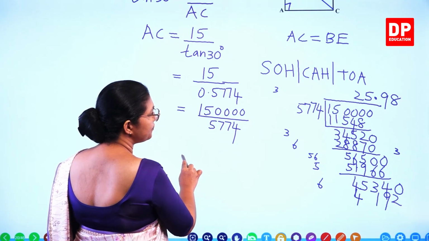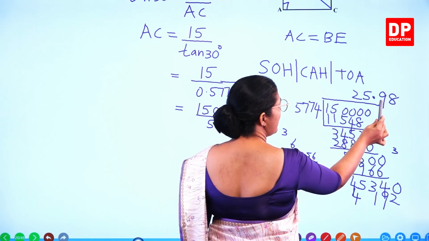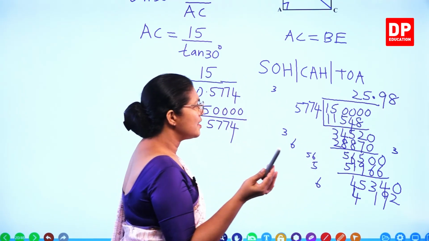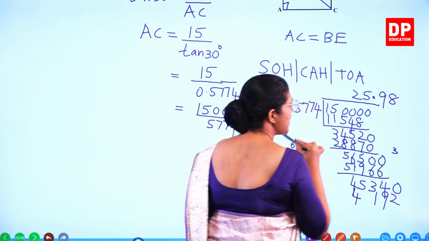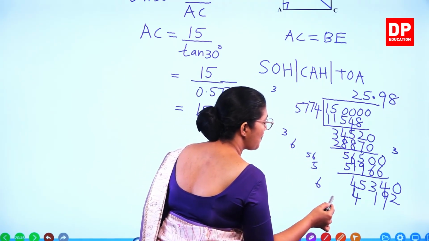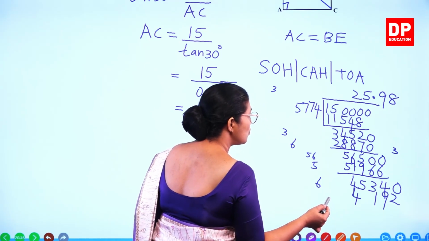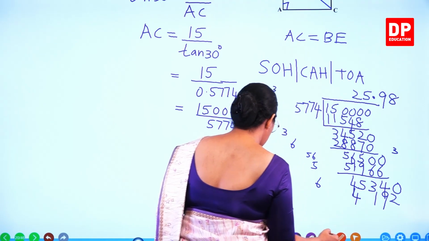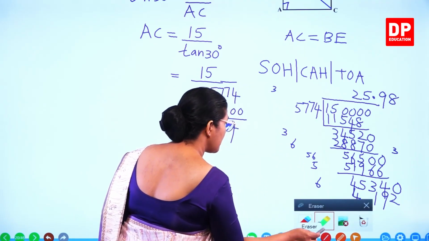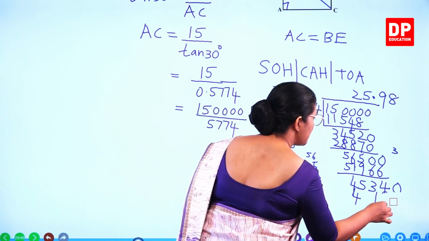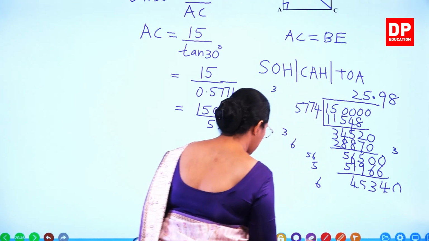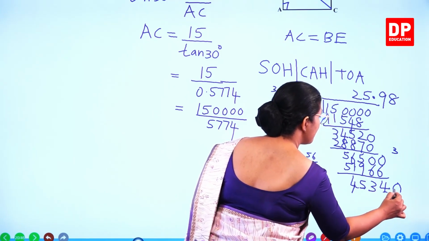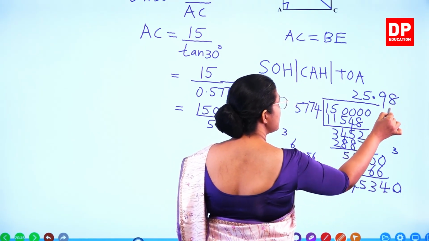So let's do just one decimal place and then ignore this part. So this should be 7.